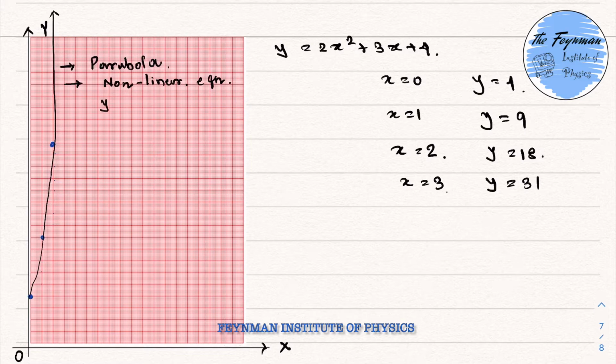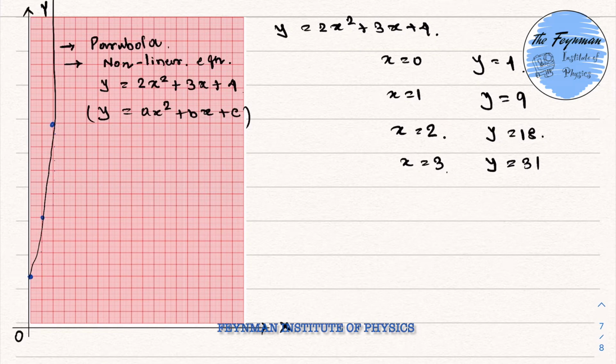An equation which involves any power of x other than 1, like y is equal to 2x square. Here our equation was y is equal to 2x square plus 3x plus 4, or in generalized form we can write it as y is equal to ax square plus bx plus c. So this kind of equation is a non-linear equation. The graph for this kind of equation will be parabolic in nature.